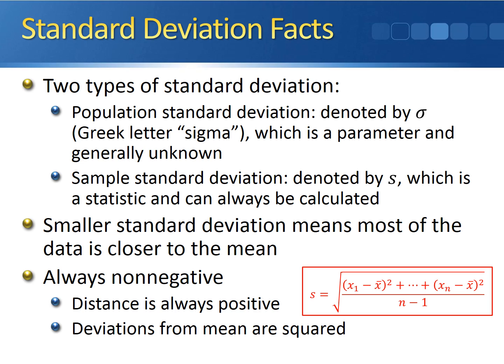What this means is that your numerator can never be less than 0. So your numerator is non-negative. You take your numerator, you divide it by n minus 1, which is always going to be positive. And then you take the square root of a non-negative number, which is going to give you another non-negative number. So the standard deviation is guaranteed to always be non-negative. In the worst case scenario, you have a standard deviation that's equal to 0.